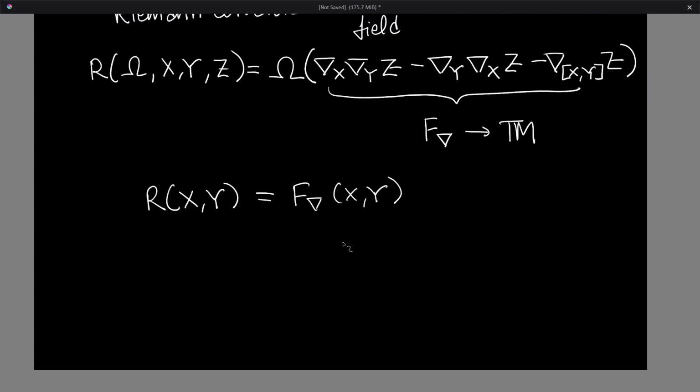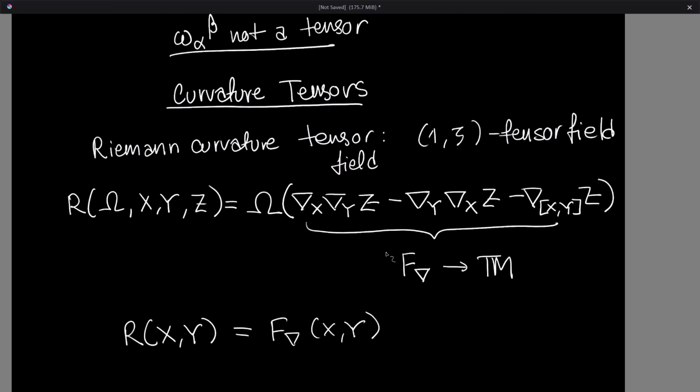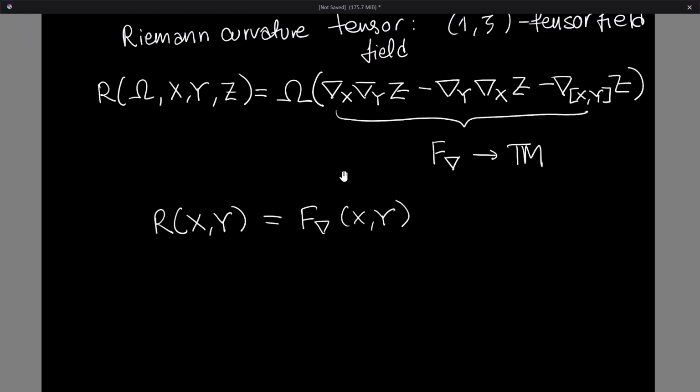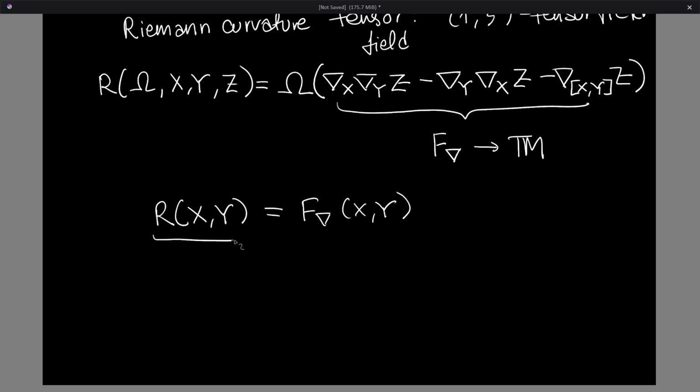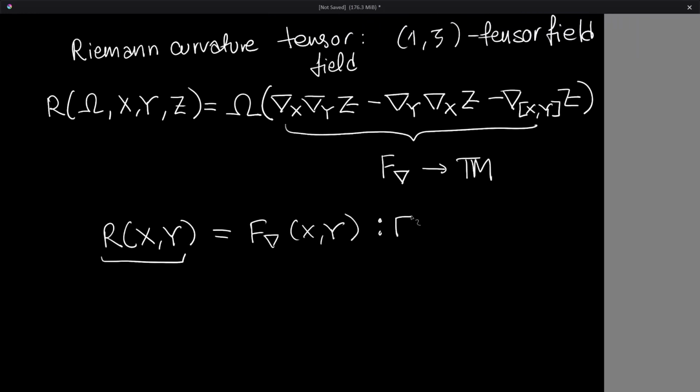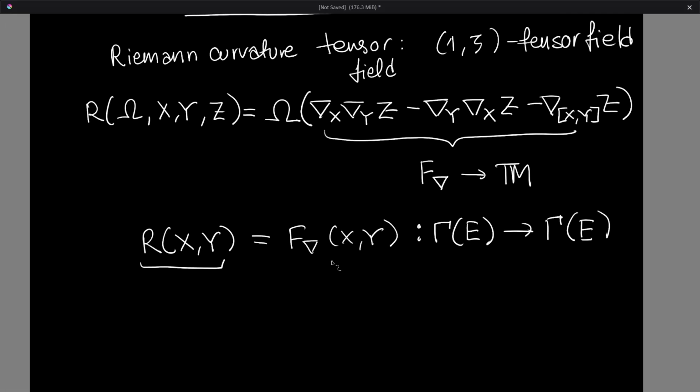The usual way that we talk about the Riemann curvature tensor is not as this 4-input tensor, but instead we think of it as this operator here, because we know that F nabla takes us from gamma e to gamma e, right? So that's what R xy does as well.